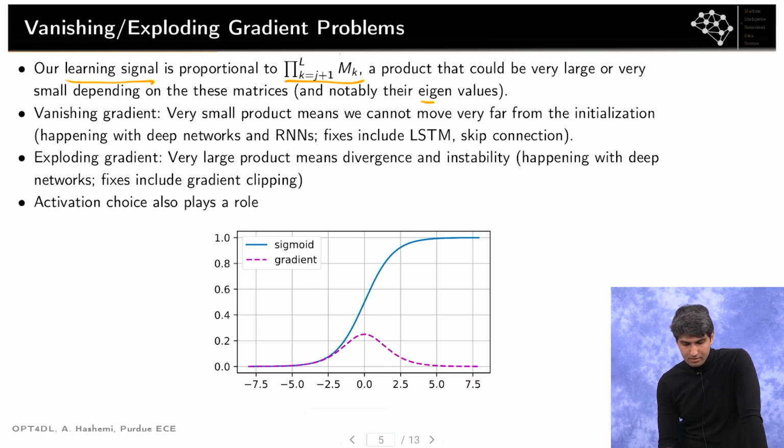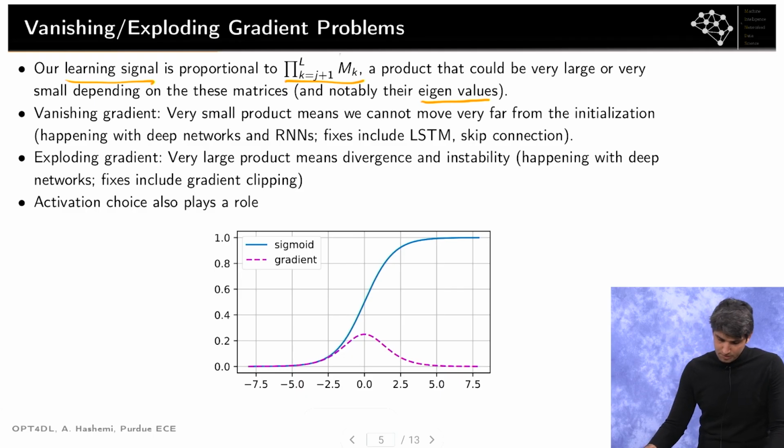So two potential issues could arise. If this product is large, we may have the exploding gradient problem, and if this product is small, we may have the vanishing gradient problem.